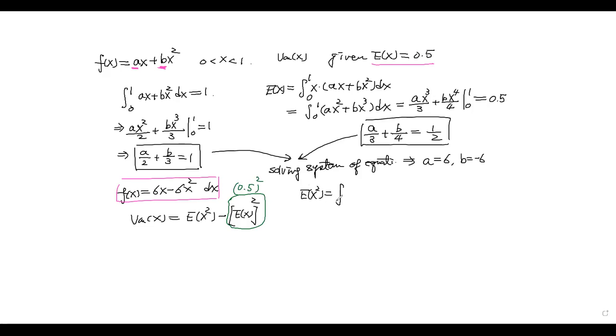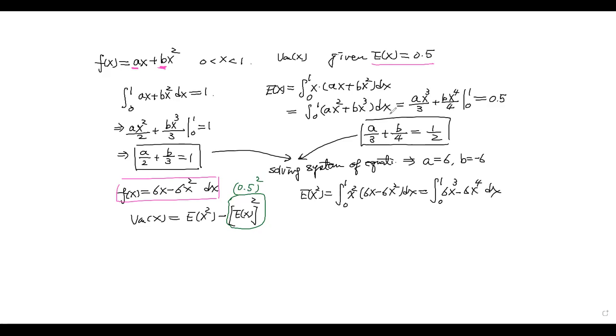It's the same thing: you take x squared times the PDF. I already know my PDF is 6x minus 6x squared, so the integral from 0 to 1 of 6x cubed minus 6x to the fourth dx.